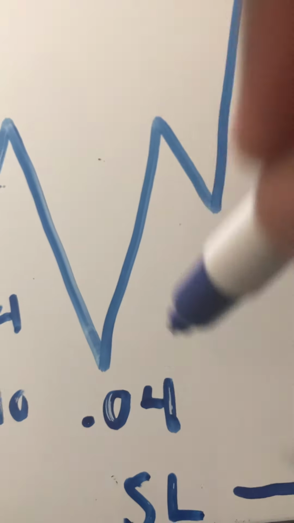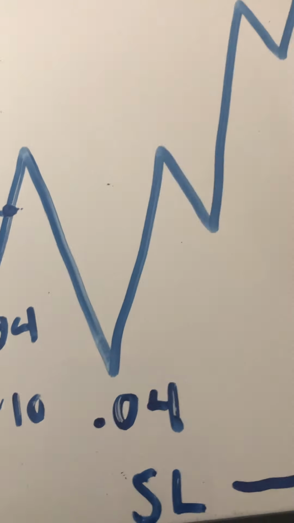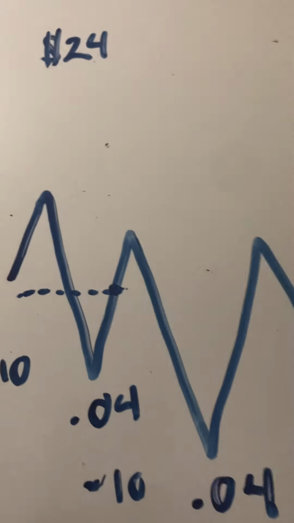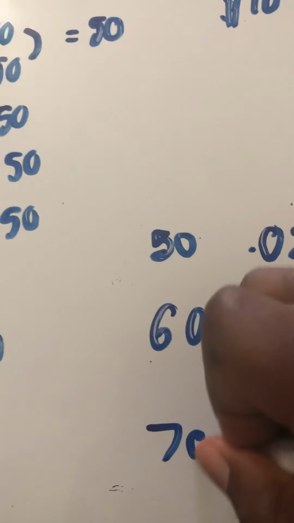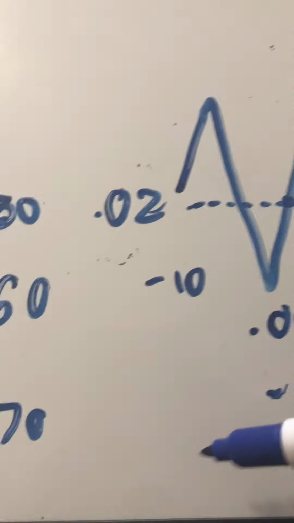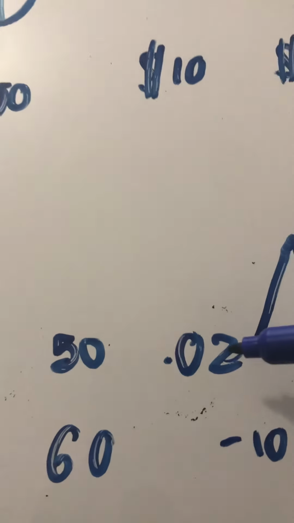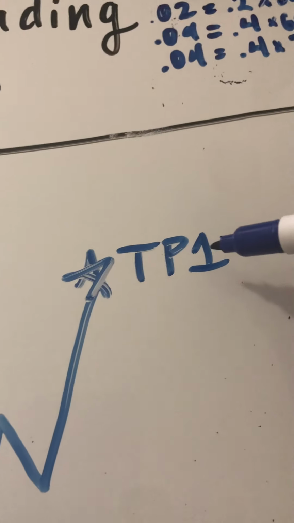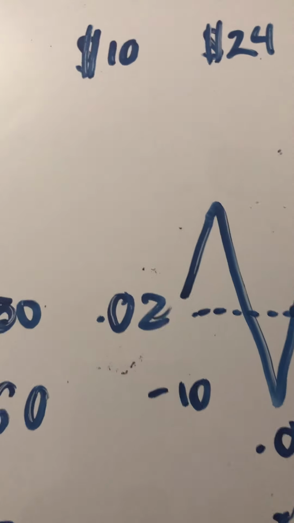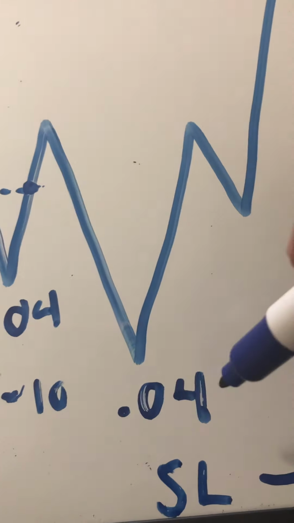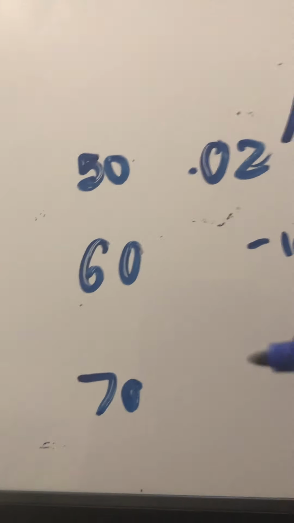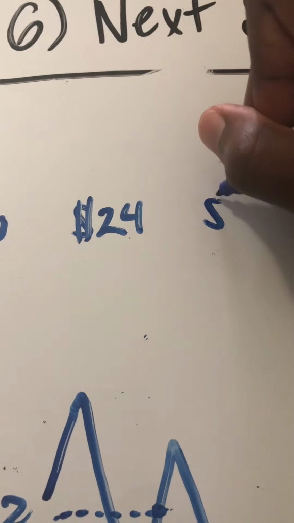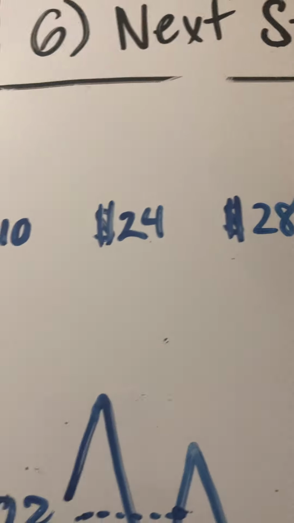So let's say you put in your last 0.04, and that also went to TP1. All these trades went to TP1, nothing hit SL. That's gonna be 70 pips because you've gone down another 10 and you recoup that first 10, recoup that second 10, then you go all the way to TP1, which is 50 pips. What that means is you multiply that 0.04 times 10, which is 0.4, times 70, and that's gonna be $28.